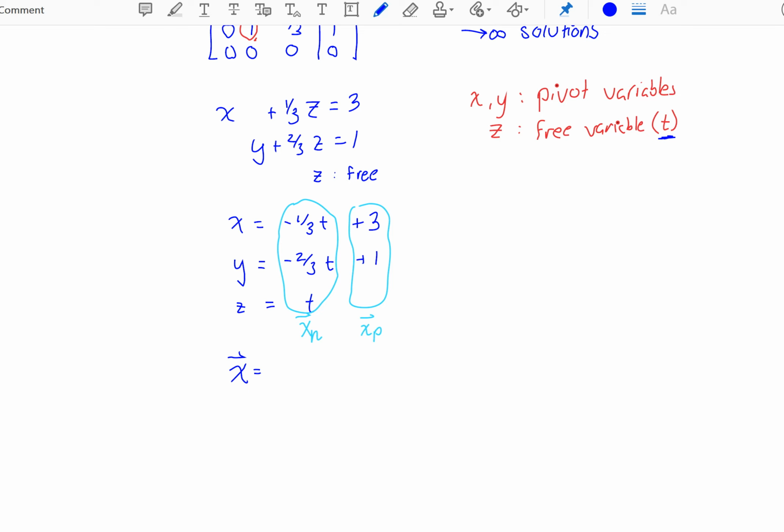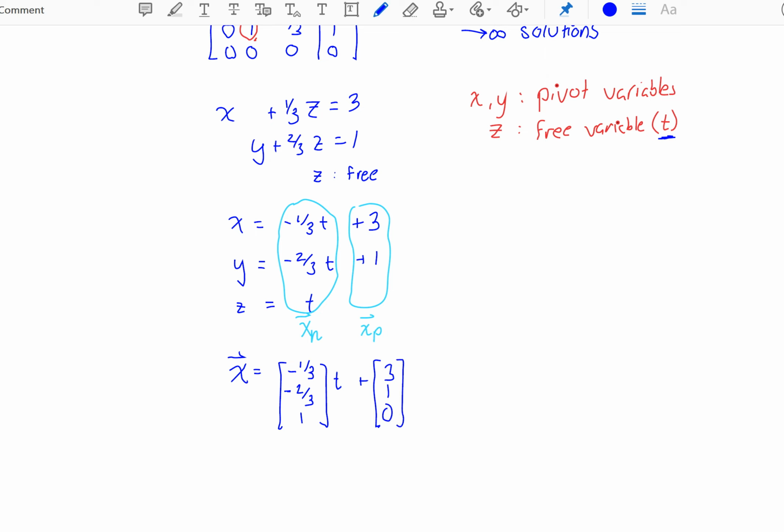So to get our homogeneous solution, let's factor out the t, write it as negative 1/3, negative 2/3, 1 times the variable t, plus our particular solution, 3, 1, 0.